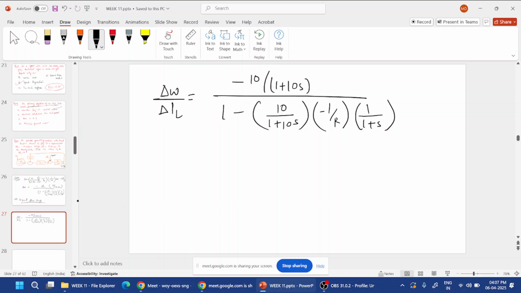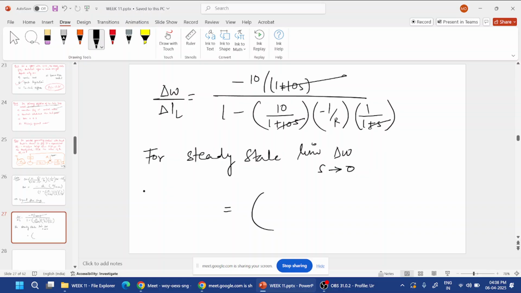So now we have to find the steady state. For steady state, limit of del W as S tends to 0. If we put S tends to 0 here, this goes out, this goes out, this goes out.